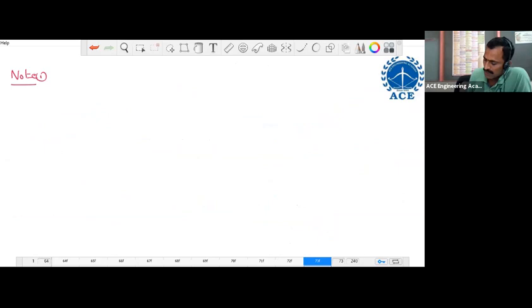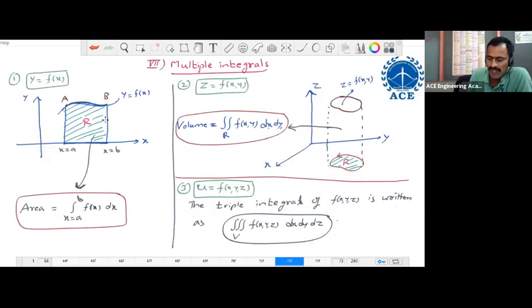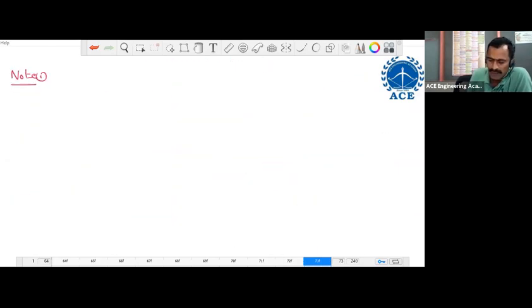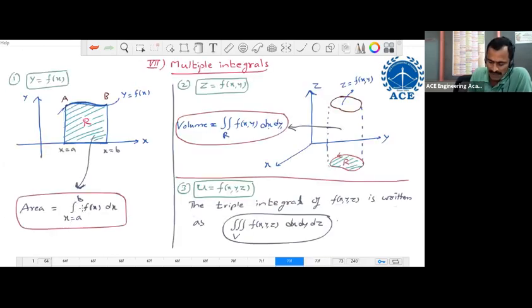Just now I told you that these integrals are required to find the area and volume only. We are writing that same thing here. To find the area, we can use the single integral. Single integral means this, integral a to b f of x dx.